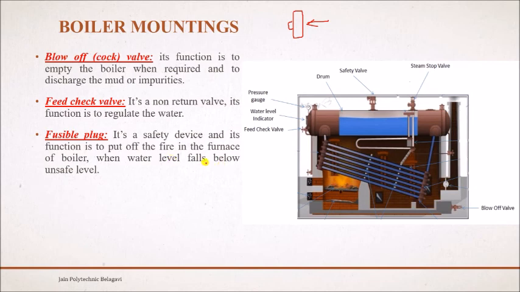At that time you need to put off the fire, so we use this fusible plug. It's a safety device whose function is to put off the fire in the boiler. When the fire is off, no heat is produced and no steam is generated, right? So we use this fusible plug when the water level has fallen below the unsafe level.